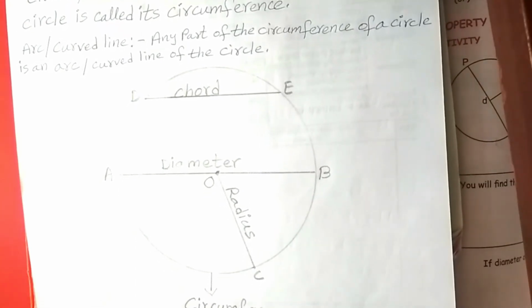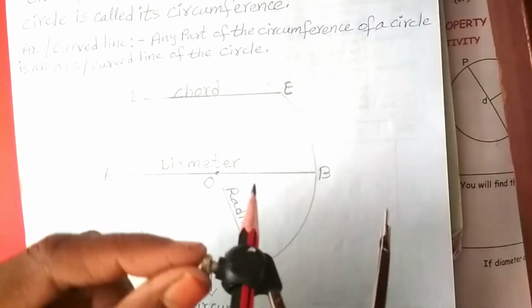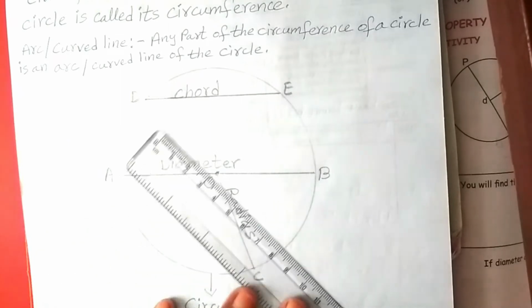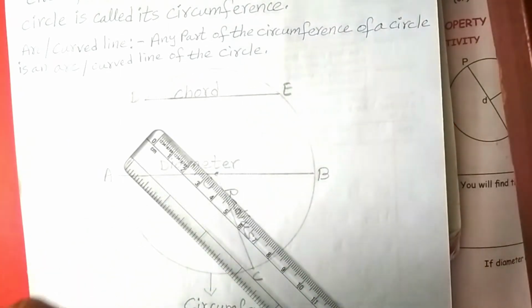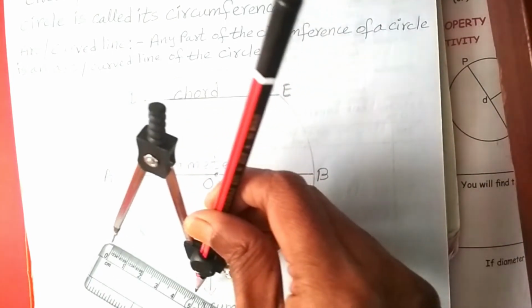Now what we have learned about the center, radius, circumference, chord and arc or curved lines of the circle. Now I have taken a compass and see here, this is the compass and I placed the pencil over here and I measured from 0 to 5 on a scale. I have taken 5 centimeters, 0 to 5.